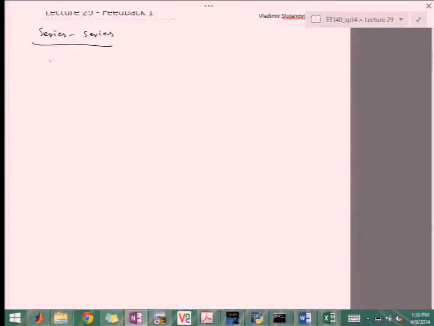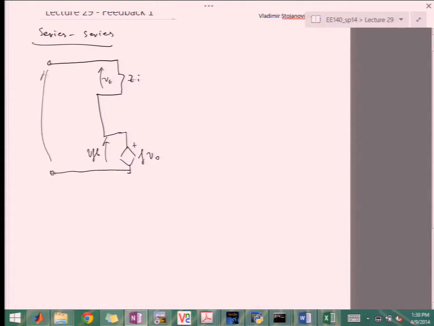So here we have the Zi, and then the error voltage is now developed on Zi. There is a feedback source, FVO. So that's the feedback voltage. This is the input voltage.